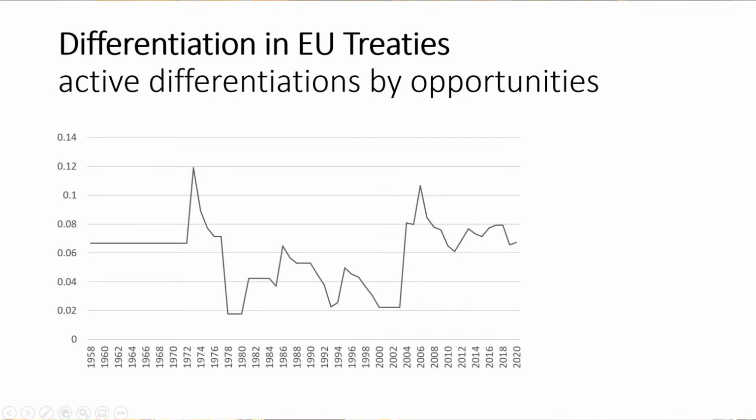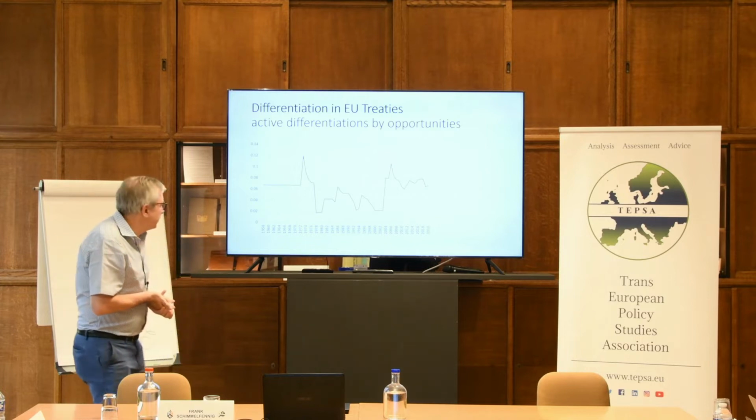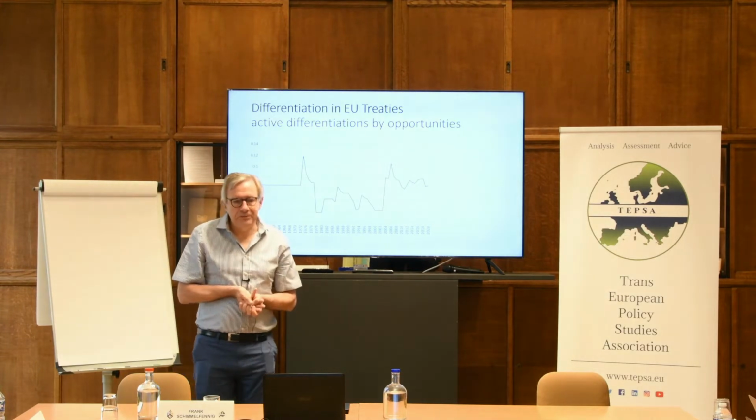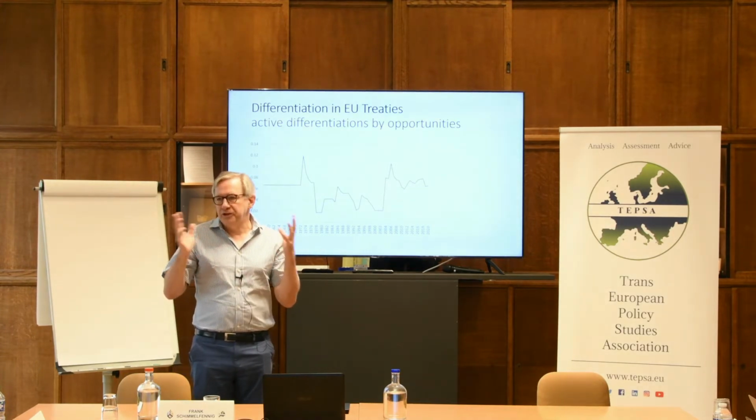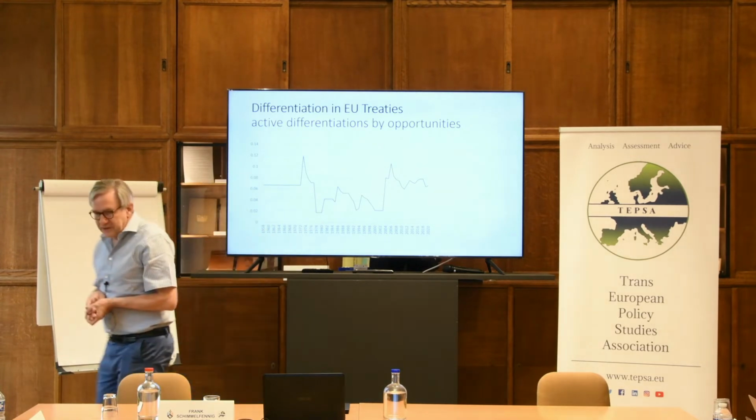That means that over time, maybe an average of 6–7% of treaty articles are differentiated, or 6 or 7% of opportunities are being used. So it's definitely a minor portion of the entire legal production that is being differentiated.